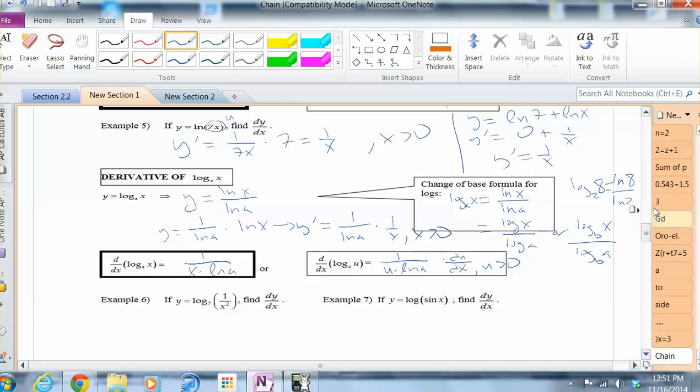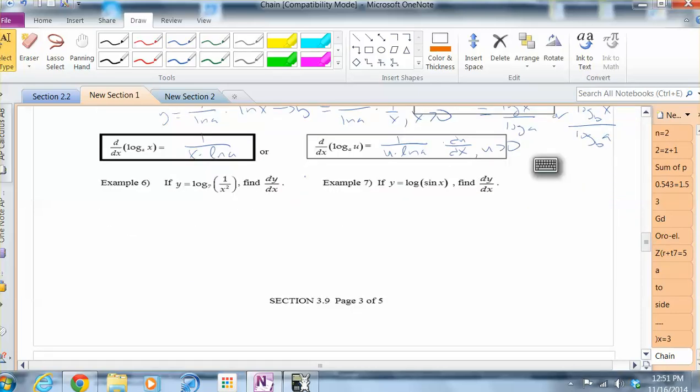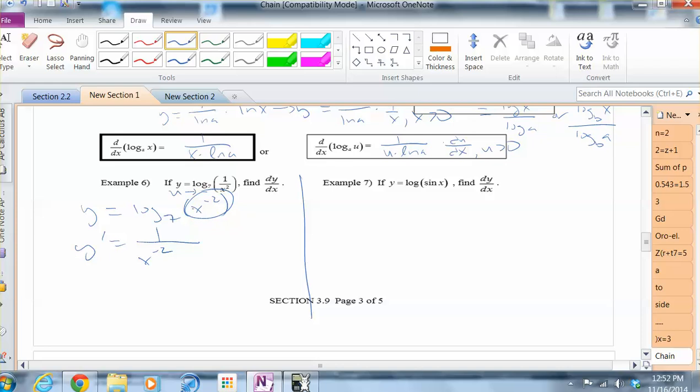So let's look at examples 6 and 7 down below. y prime will be, well actually before I do y prime, I should probably rewrite this as log base 7 of x to the negative 2 power. So now y prime will be 1 over whatever u is, we're calling this right here u, x to the negative 2 times ln 7, times the derivative of x to the negative 2, which is negative 2x to the negative 3.